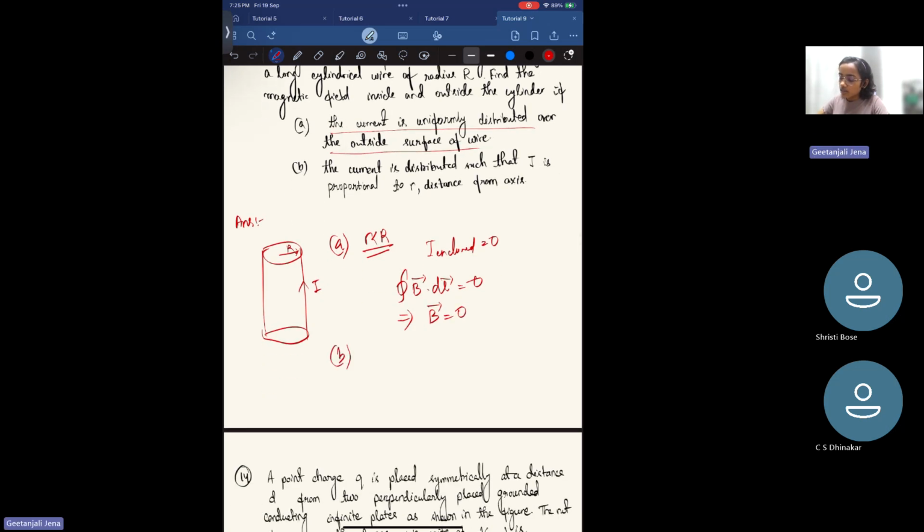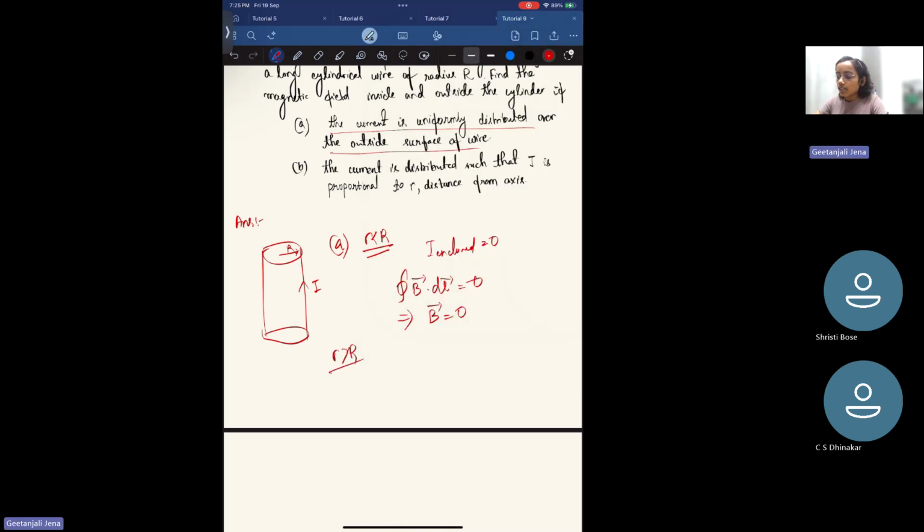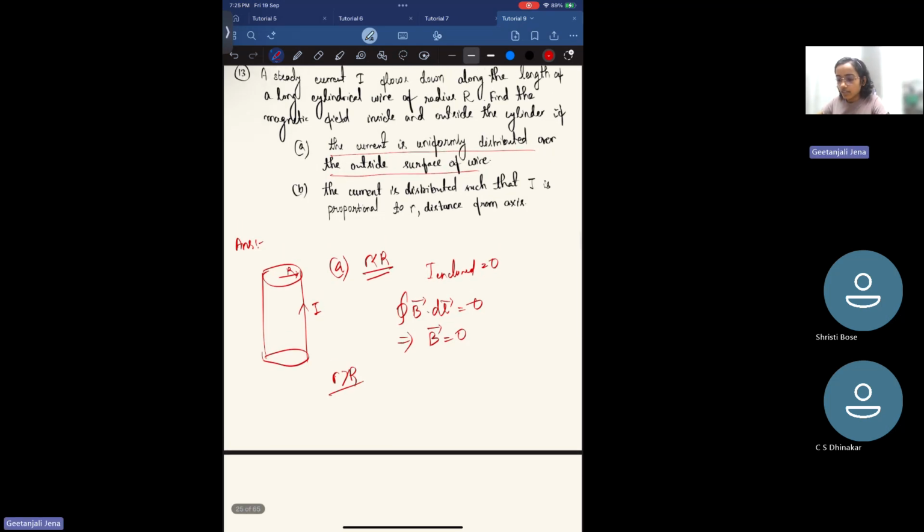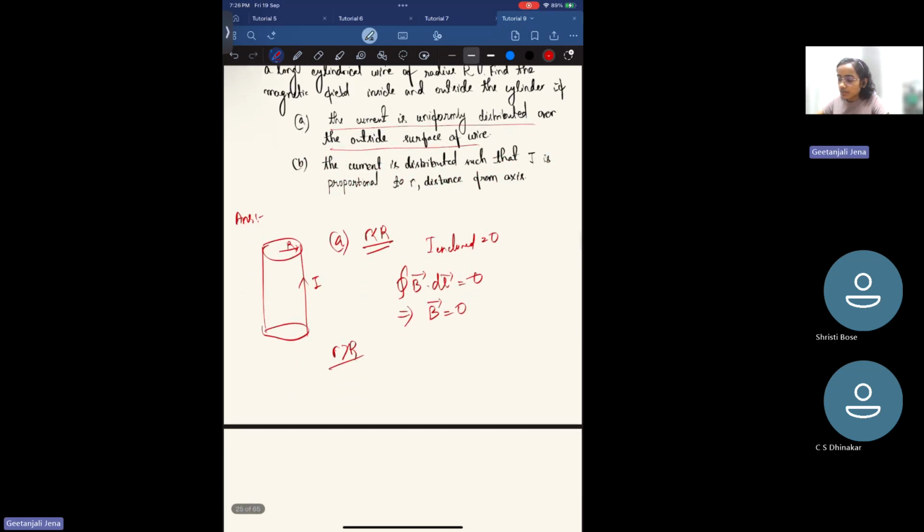For outside, for r greater than R, because it's a long cylindrical wire, you can directly use the formula for the long wire. So B for a long infinite wire is mu naught I by 2 pi r.